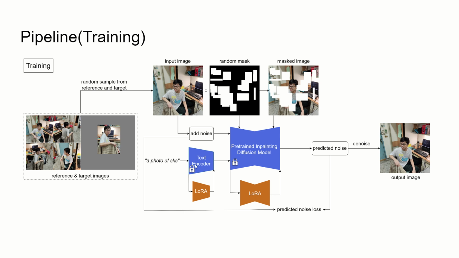And it also takes the text embedding as input. Specifically, the text prompt is a fixed sentence, a photo of SKS, where SKS is a rare token used to represent this scene. The loss function is similar to all diffusion model-based losses, where it aims to predict the noise added on the clear image.